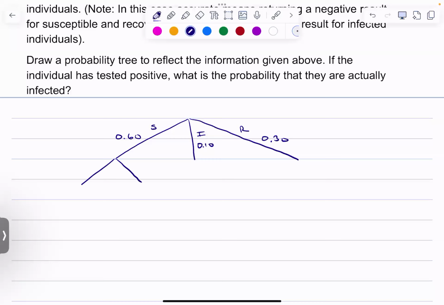It depends on what the possible outcomes are, right? I think I made it too tight. Oh, well. And so at the end of each branch here, you either get a positive result or a negative result for each of these situations.